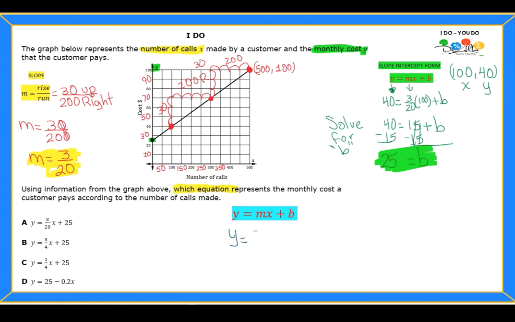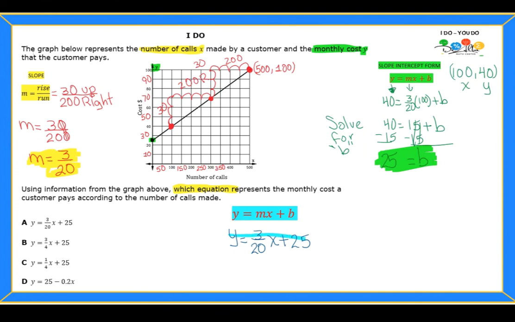Now m is 3 over 20, and I leave my x right there. The b is 25 and it's positive, so I just write plus 25. Now remember, if 25 was negative, then instead of saying plus 25, I would need to write down minus 25.